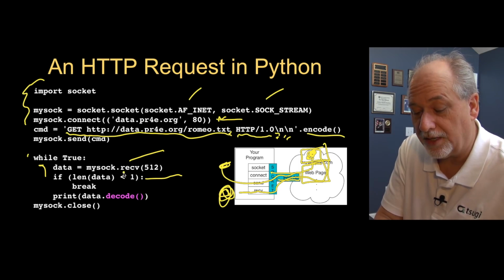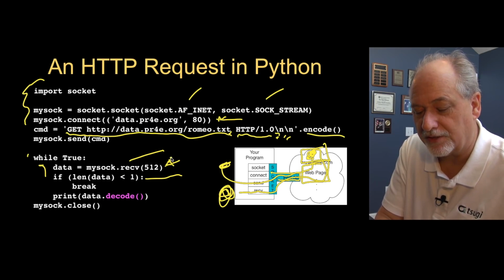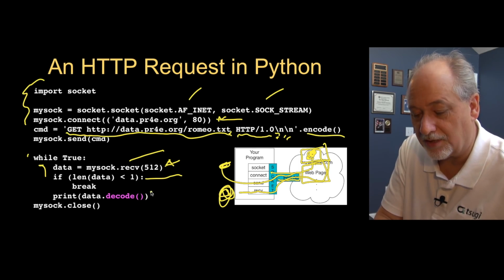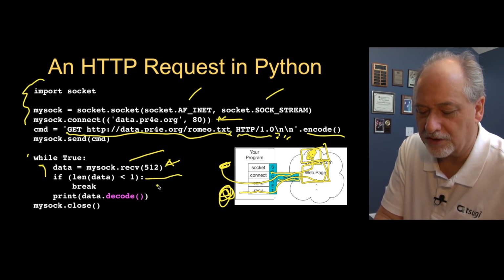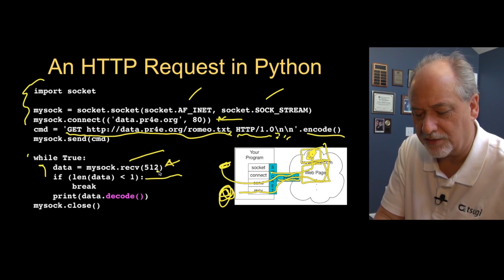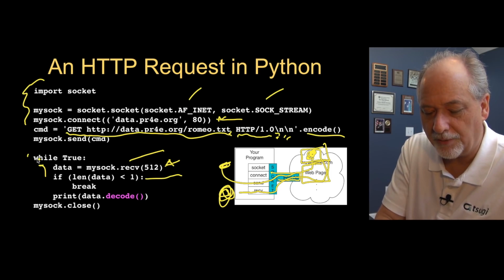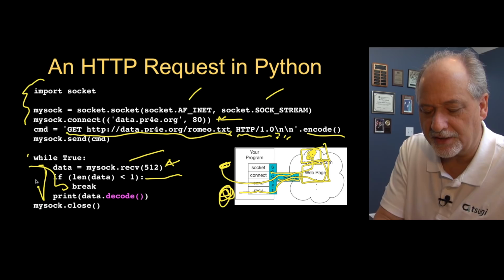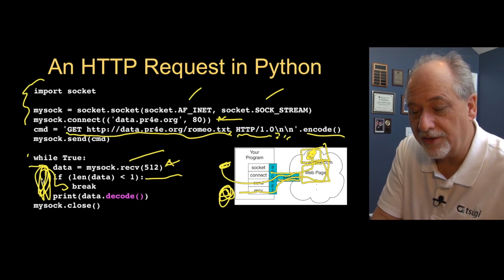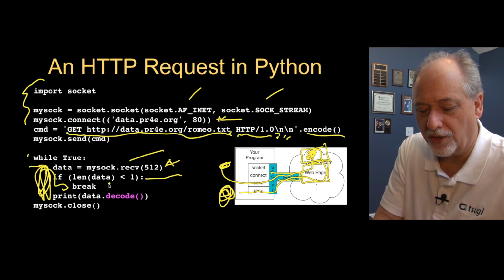Otherwise, if there might be more data, this will wait. If the network is slow, you'll see, if you do a print statement in here, that this will pause from time to time on a really slow network. If your network is fast, it'll just go by so fast it won't matter. But this is how we go. So this is basically until the socket is closed, we're going to read this data.